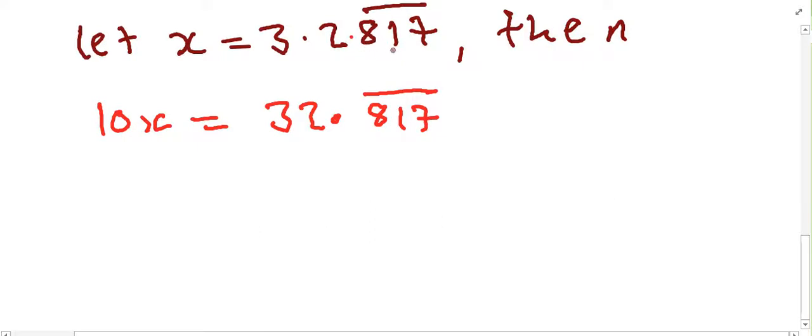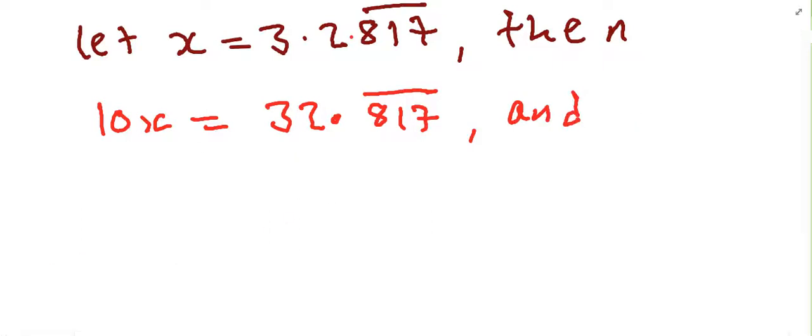So we have 1, 2, 3, 4. So you get the multiple of 10 with 4 zeros, which is simply 10,000.